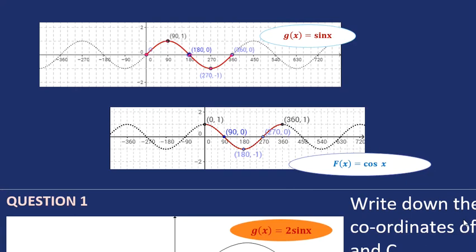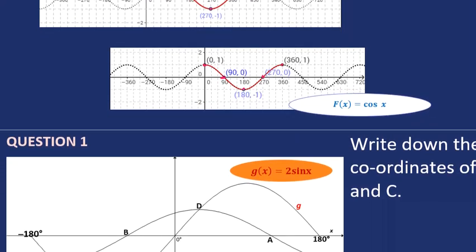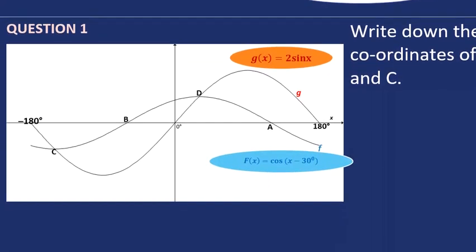And the cosine graph, on the other hand, starts at the amplitude, but it will cut the x-axis at 90, then again at 180, then at 270, and we will also complete its cycle at 360. So it also has a period of 360. So now let's go to the questions.